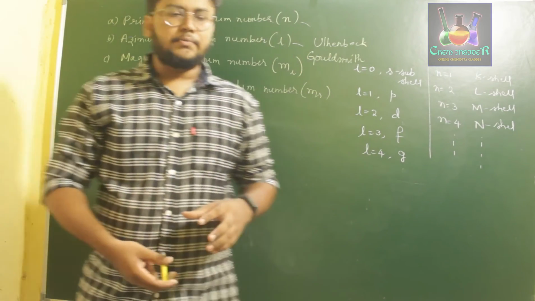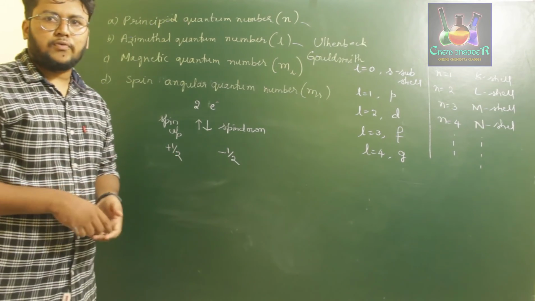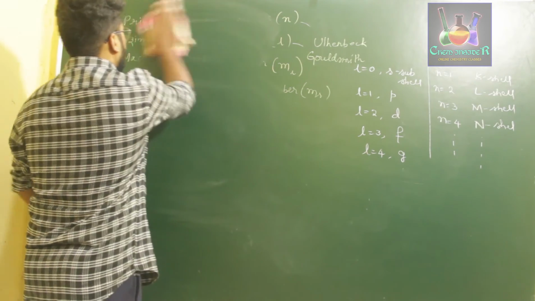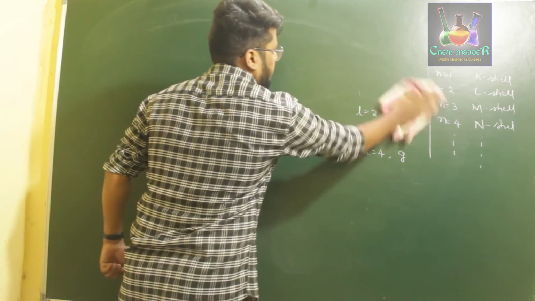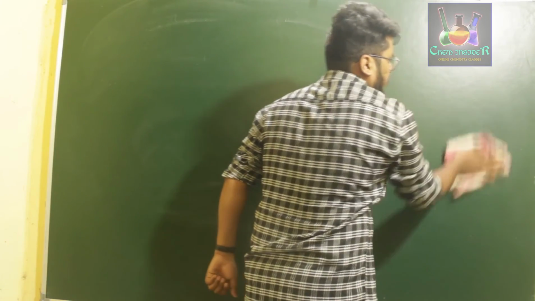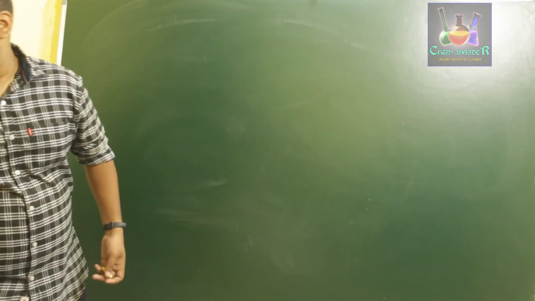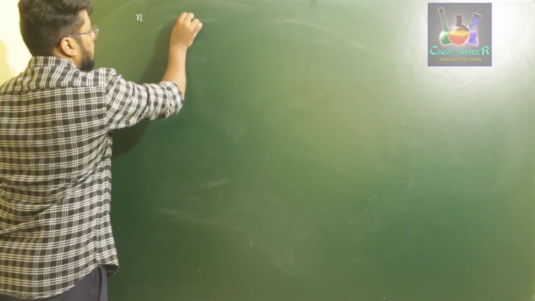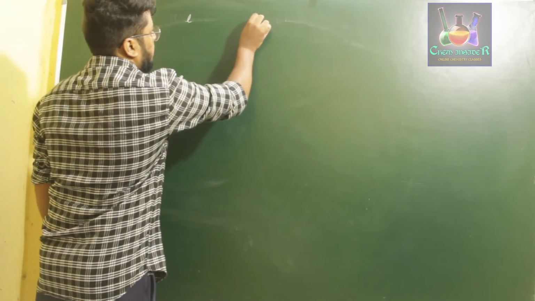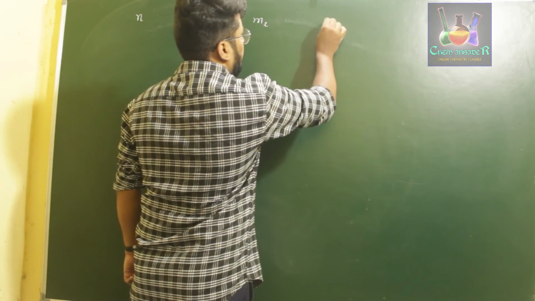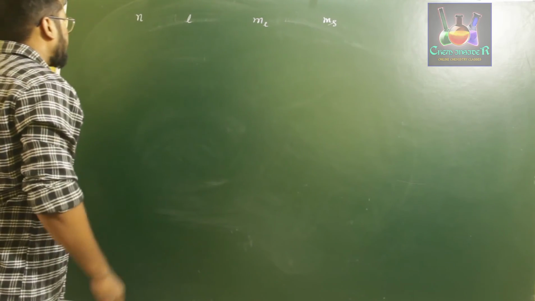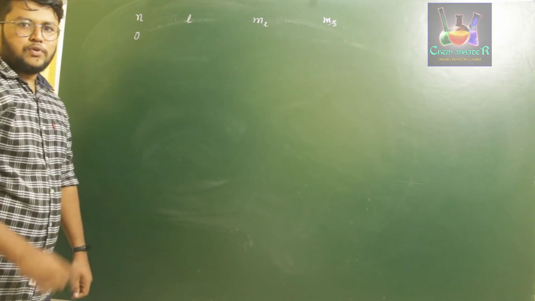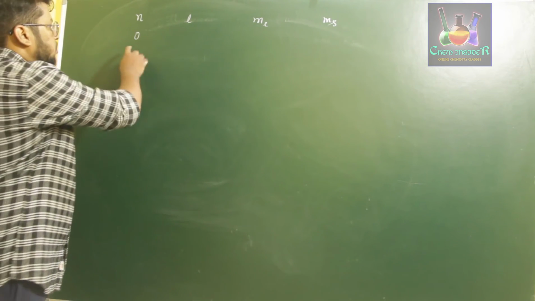We'll now write down certain values of quantum numbers for different atoms using these quantum numbers. So let us start with the basics. We have the principal quantum number n, azimuthal quantum number l, magnetic quantum number ml and spin quantum number ms. We know l can have 0 to n minus 1 values.